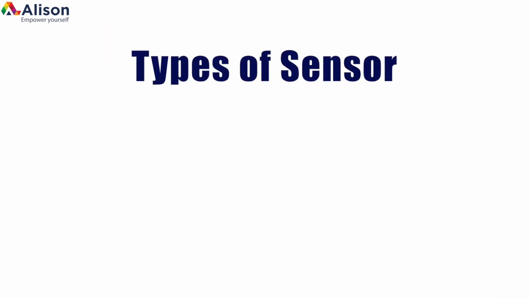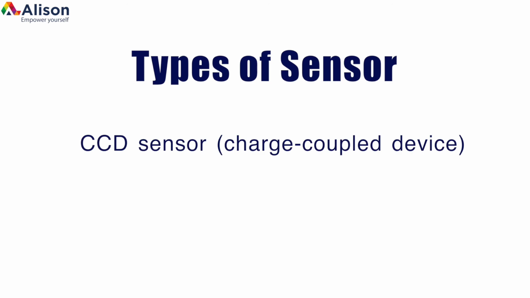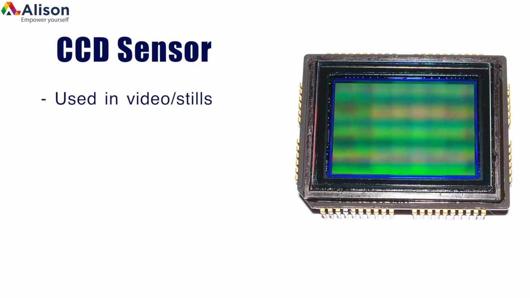Types of sensor. CCD sensor. The CCD sensor was always very popular when working with video and stills cameras. This sensor was favoured because it provided superior image quality when compared to CMOS sensors. They were equipped with solid dynamic range and noise control.